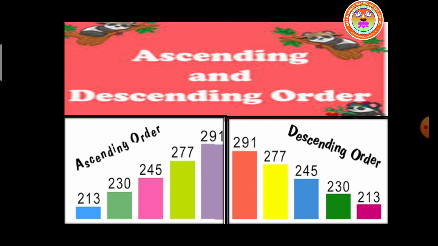See, children, 291, then 277, then 245, then 230, then 213 is the least number. So what do you mean by descending order? It's an arrangement of numbers from bigger number to smaller number. With the same example, we can arrange in ascending and descending order, as shown in the bar chart model. Hope you are clear with this. Okay.